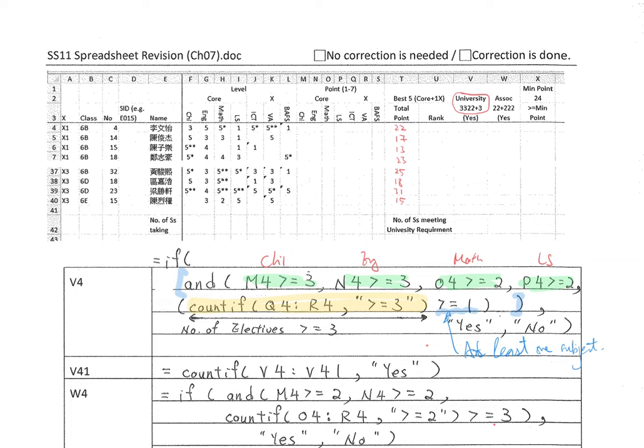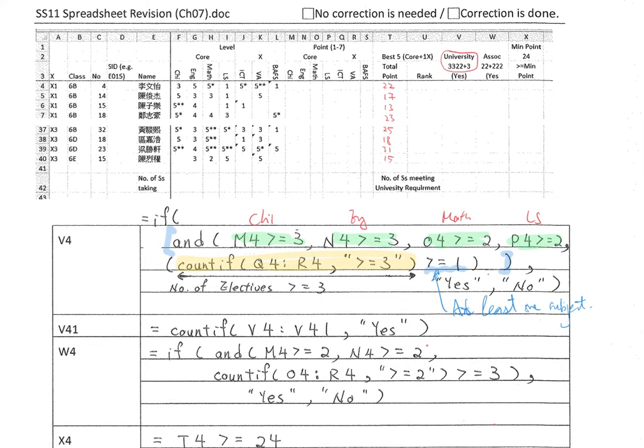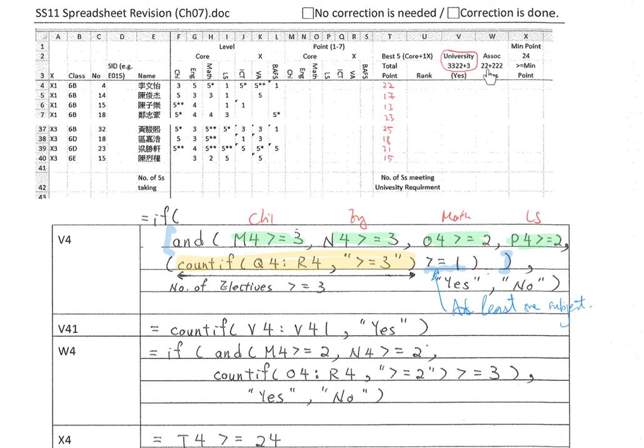And then the similar thing for the ASO requirement, like associate degree and so on. For the ASO requirement, Chinese and English must be at least 2, and then the other subjects. To explain it clearly, the first 2 means Chinese and English.